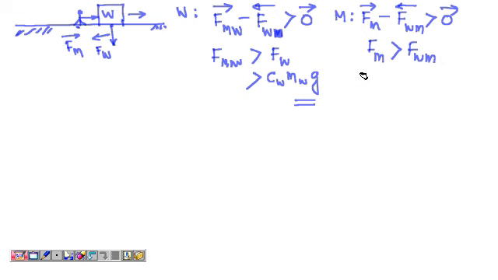Now we know this is equal to C, the coefficient of friction of myself on the floor, into mass of myself into gravity, must be greater than Fwm.